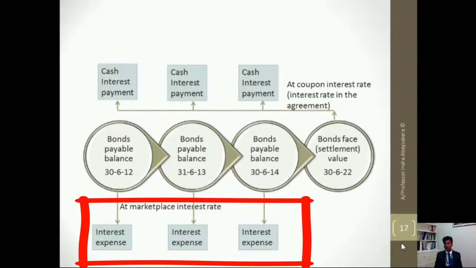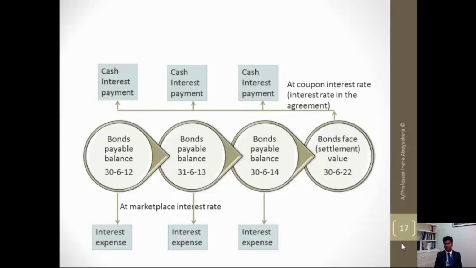So the interest expense is there to represent the market reality, and the cash interest payment is there to represent the contractual reality. If the bond is issued at a premium or discount, the cash interest payment and the interest expense will not match.